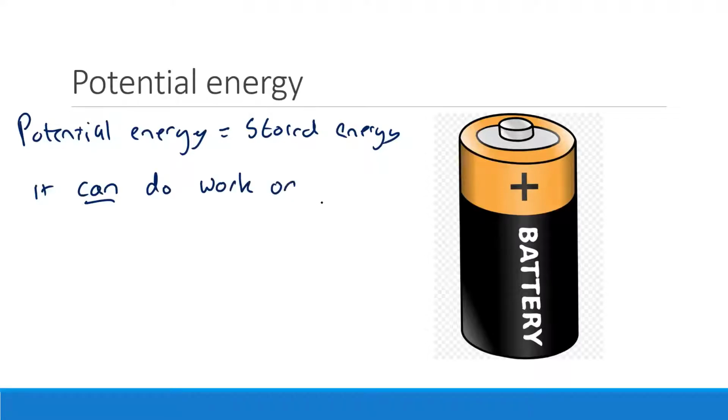Or you could think about it as, it can release energy. Potential energy is measured in, of course, joules, just like its normal regime. It can do work or it can release energy. That's the main idea with potential energy.